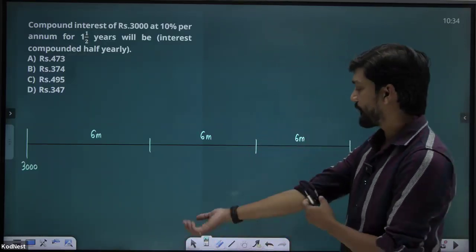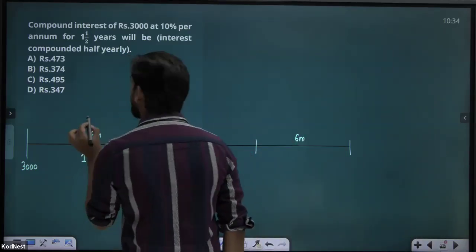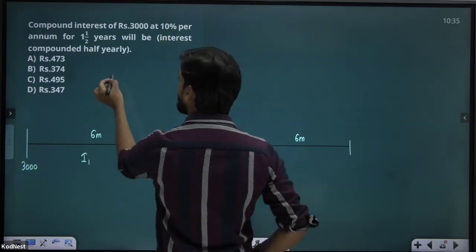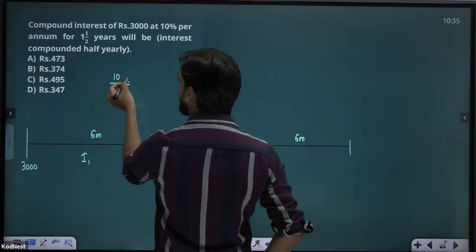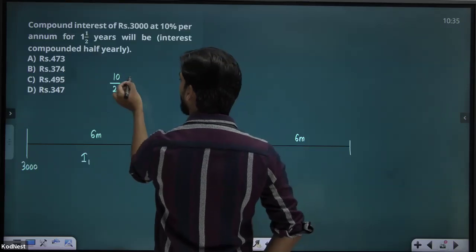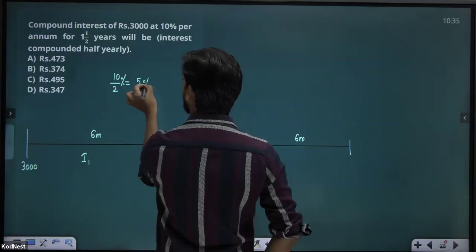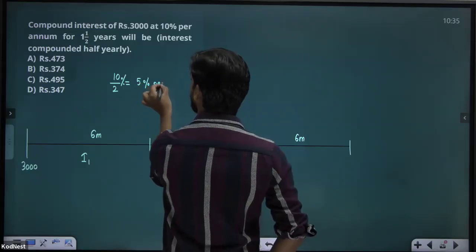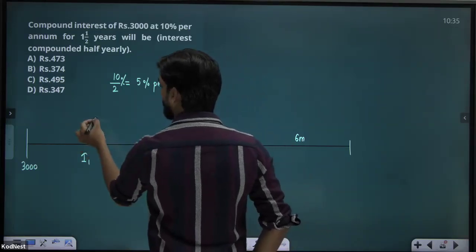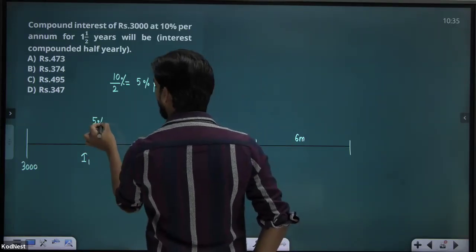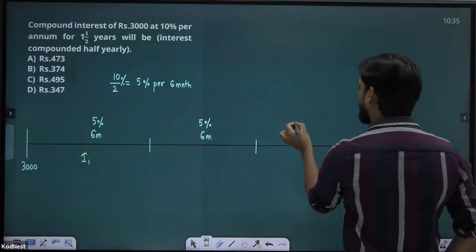So interest of the first period. The first thing is you don't have to take 10%. You will have to take half of 10% because it is half yearly. So half of 10%, that is 5%. 5% per 6 months. So take 5%, again 5%, again 5%.